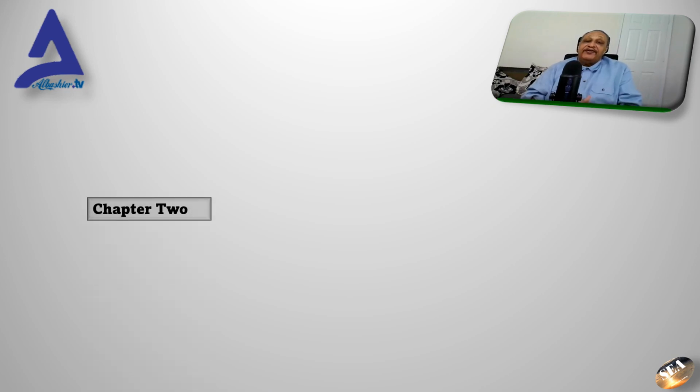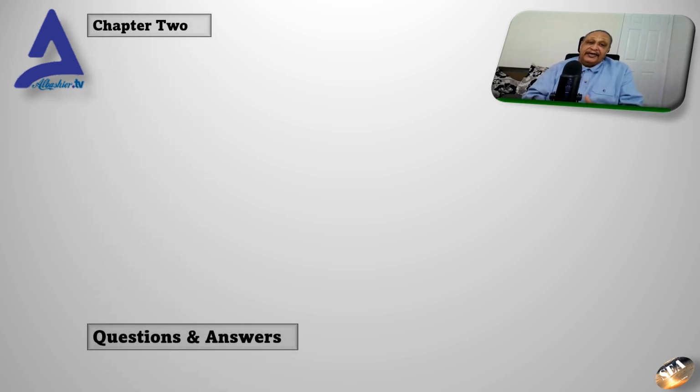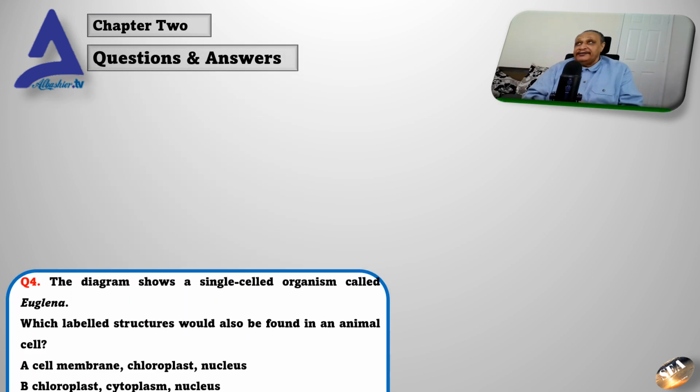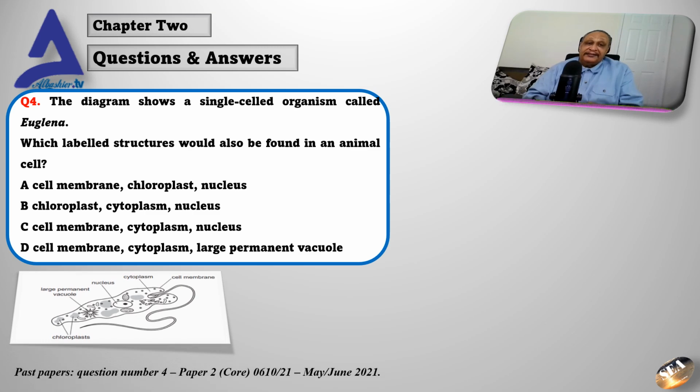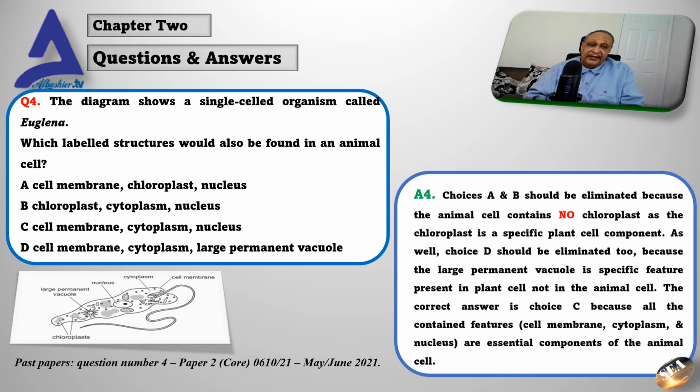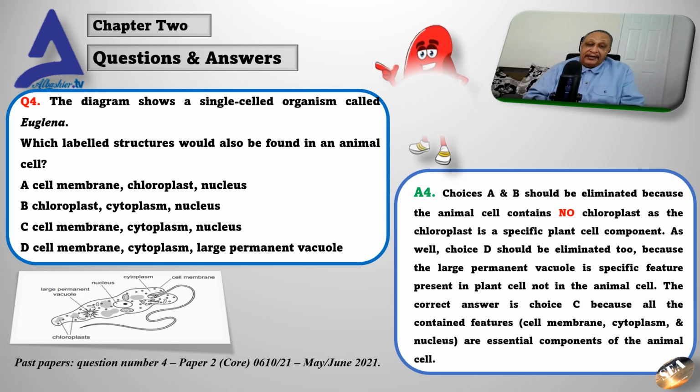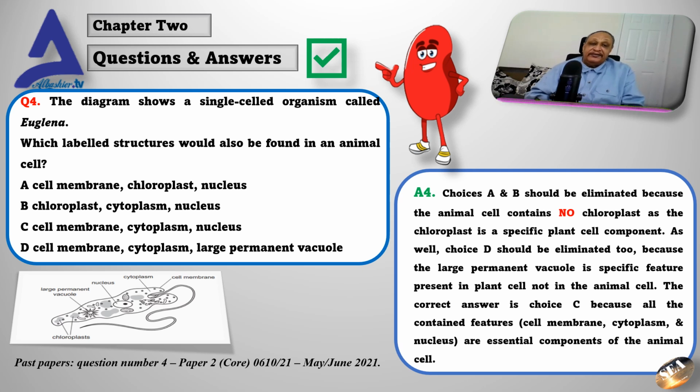Now, question number 4 is also about a diagram. It is very important. It comes in paper 2 extended in May-June 2021, and it was question number 4. It says the diagram shows a single-celled organism called euglena.